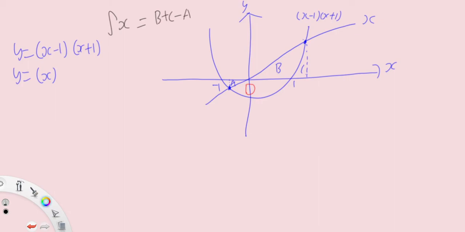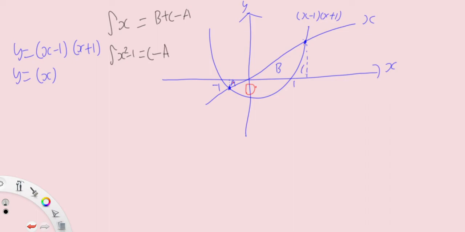Correct? So now you've done this, let's consider the other graph, which is the quadratic graph. If we integrate from this point to this point for the quadratic graph, you get A, you get D, you also get C. The only thing is that if you integrate the quadratic graph, let's say x squared minus 1, which is the exact quadratic graph, it's basically C, and you notice that A and D are both in the negative area.